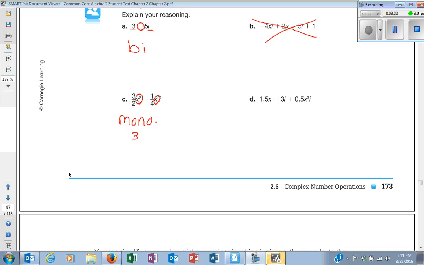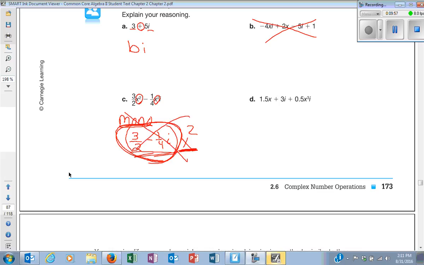You can write that as 3 halves minus 1/4 i times x squared. So they're saying, because this is x squared, there's only one number in front of it. I know that looks like 2, but it's together as part of the x squared. So they're saying that's why it's a monomial. These are like terms. But I don't like that problem again.